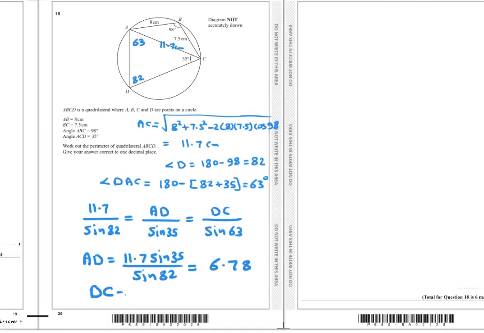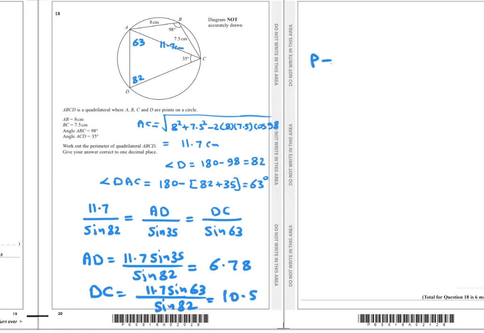And DC equals 11.7 sine 63 divided by sine 82, which equals 10.5.